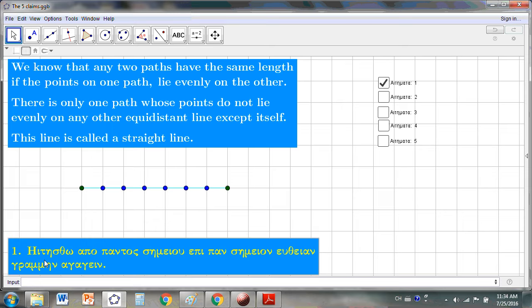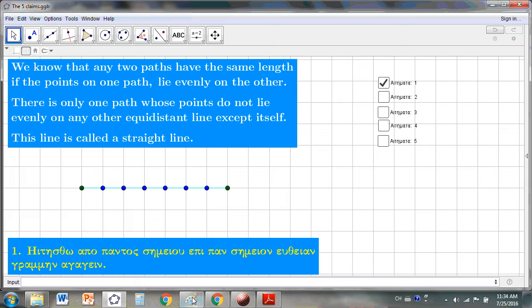So the original definition from Euclid's Elements is given down here in the box at the bottom. So what that really means is that we know that any two paths have the same length if the points on one path lie evenly on the other, right?